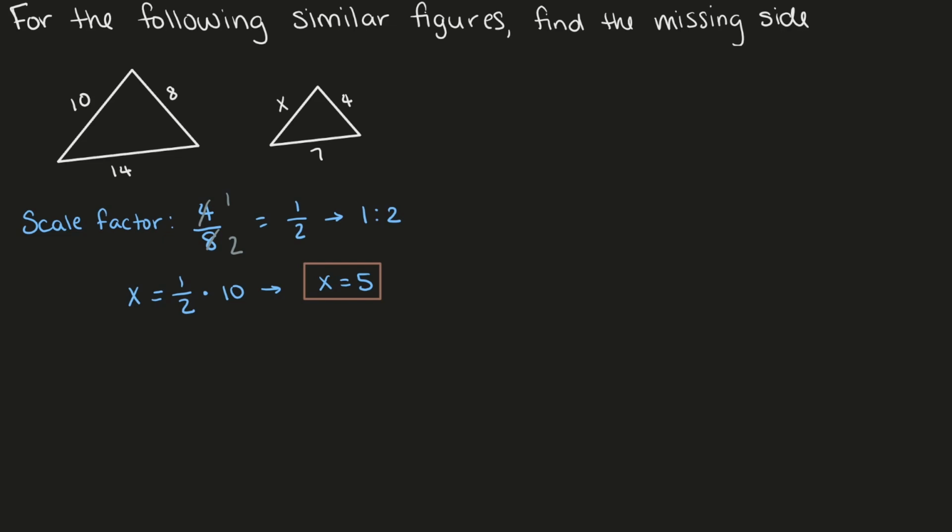Now, if we try our other way, set up some proportions, we should get the same thing. Let's set up some proportions with our corresponding sides. So 10 corresponds with x, and that's going to be equal to 14, which corresponds with 7. If we cross multiply, we get 70 equals 14x, so 10 times 7 is 70, 14 times x is 14x.